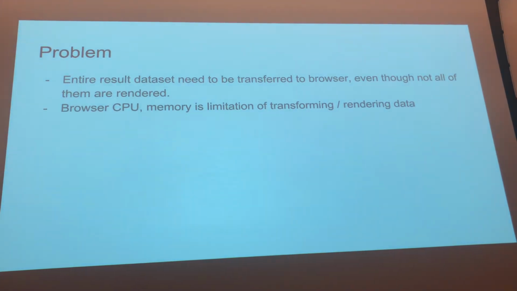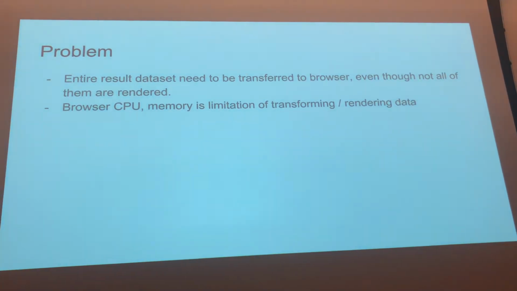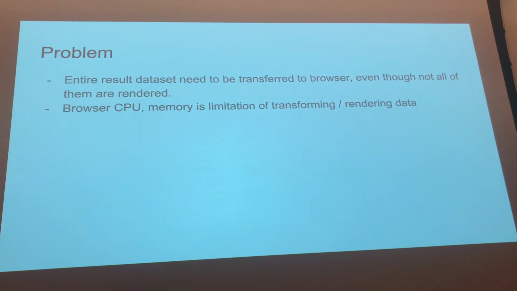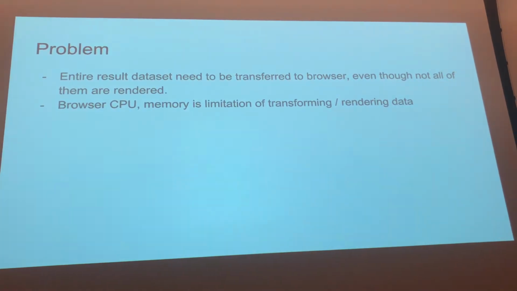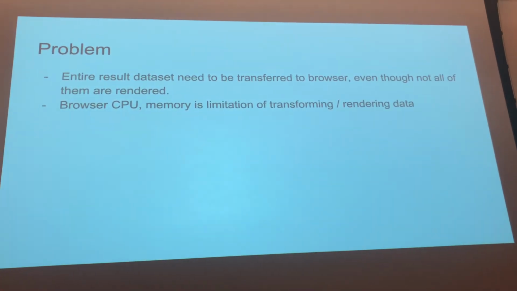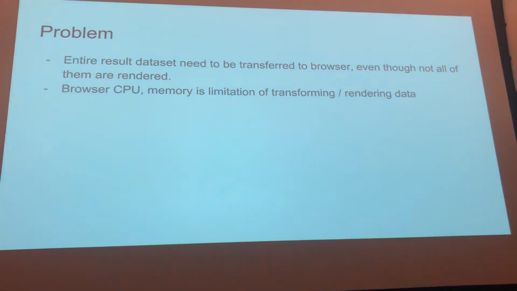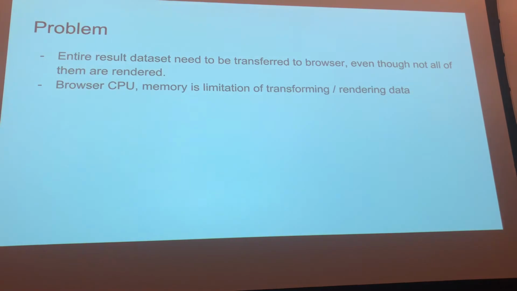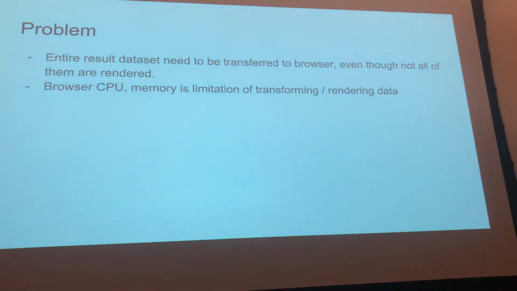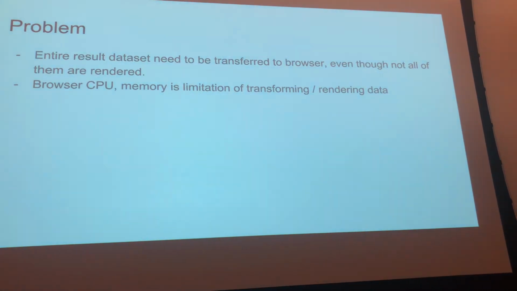So it takes a lot of time if the data is big, and also the amount of data Zeppelin can address is limited by the browser's memory and the browser's CPU. So we cannot handle a large set of data in this way.